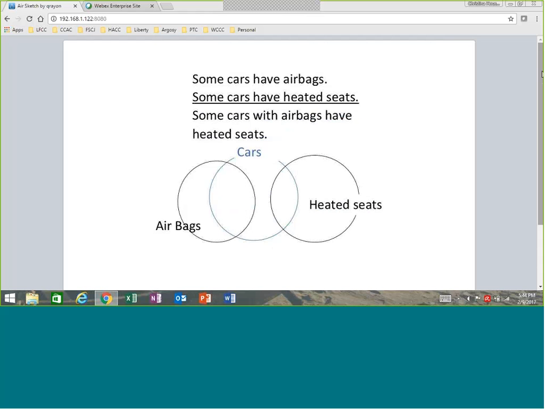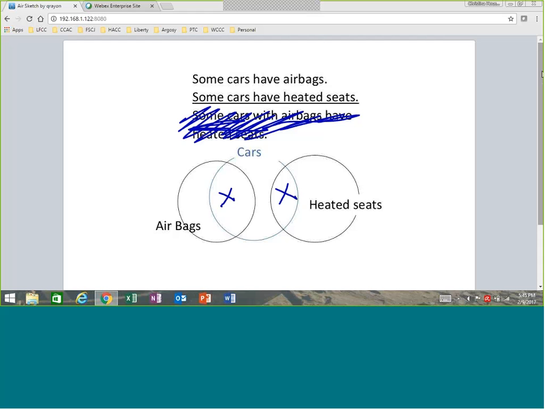What if it looks like this? I'm going to cross this out again. And we say some cars have airbags, some cars have heated seats. Could look like that. So I'm just trying to draw all the possible ways that we could draw these premise statements. This is one possible way where the airbags and the heated seat circles do not overlap, and we have one X representing at least one car with an airbag, a different X representing at least one car with a heated seat.